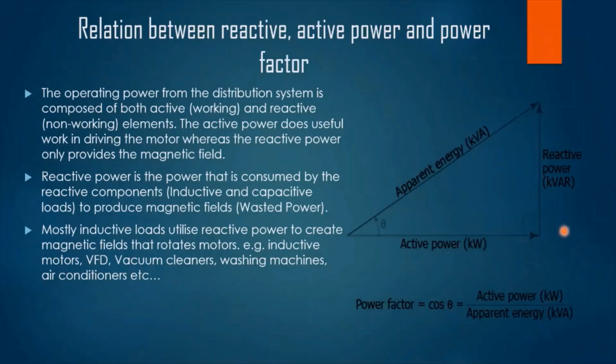Reactive power is the power that is consumed by reactive components such as inductive and capacitive loads to produce magnetic fields. Mostly, inductive loads utilize reactive power to create magnetic fields that rotate a motor. So we can conclude that the main aim of reactive power is to provide the magnetic fields.